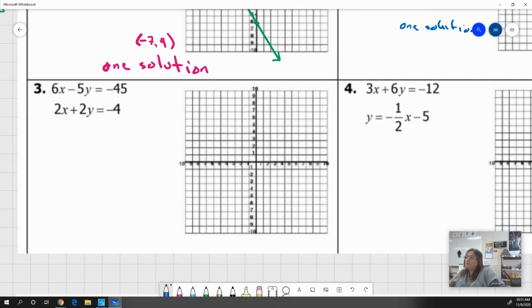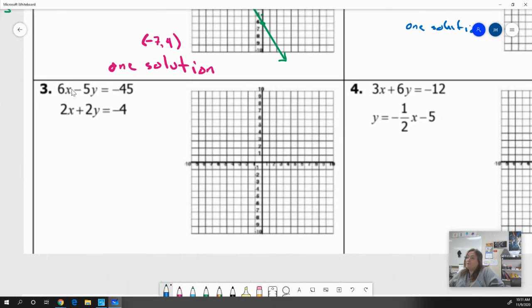Notice that these aren't written in our y equals mx plus b form. I am going to change that to the y equals mx plus b form. That is what we spent our time doing last week.